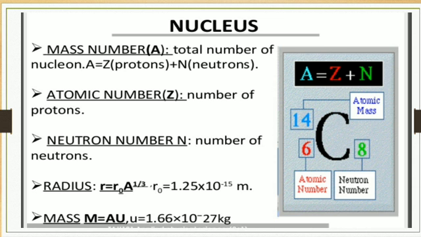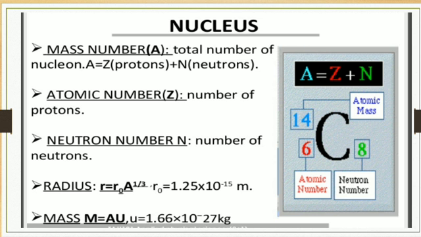Here I am taking carbon, C-14 with atomic number 6. The mass number is 14, and the neutron number is 8.